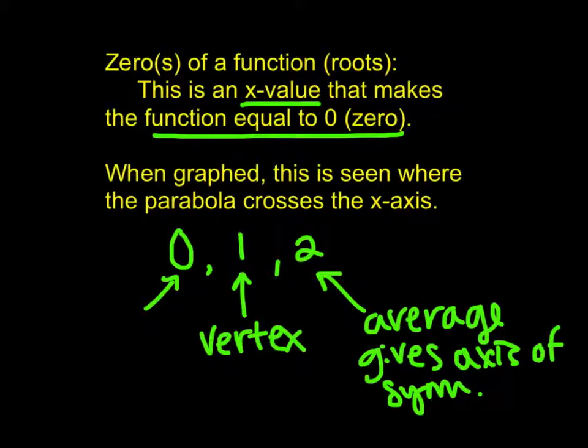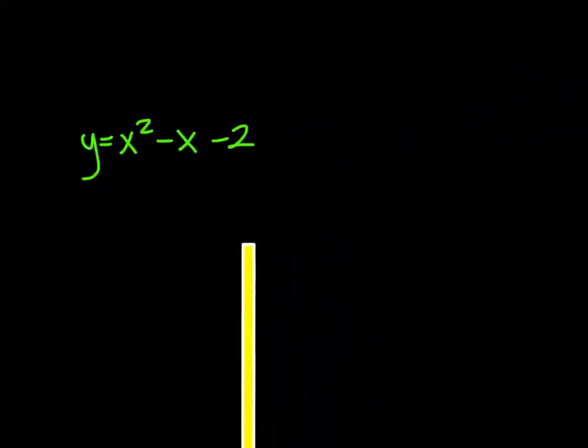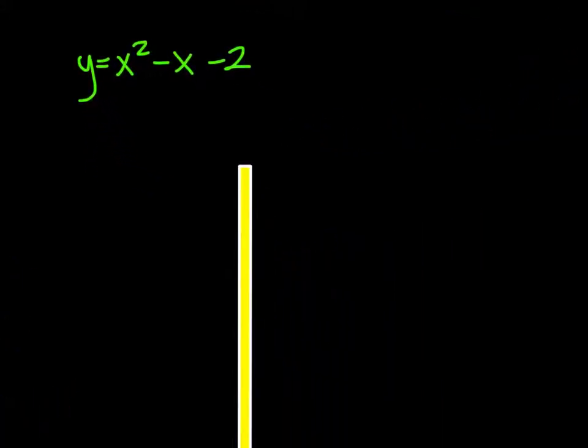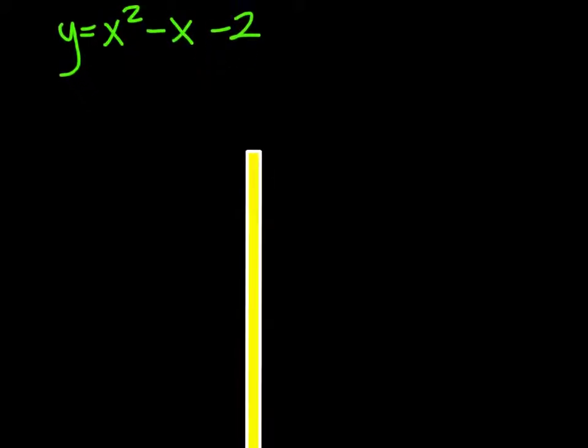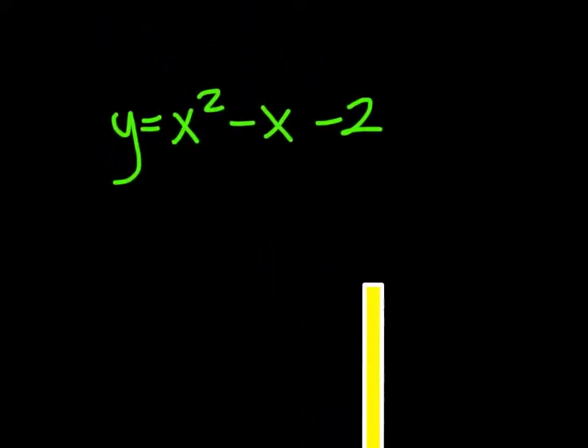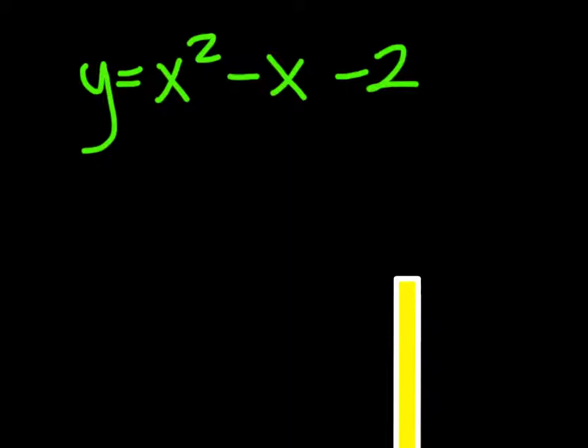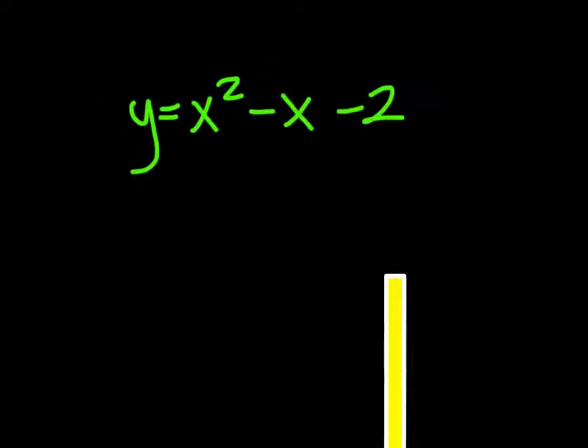So what we're going to do now is we're going to actually go over here and play around with an equation. We have y is equal to x squared minus x minus 2. And what we will do with this is create a table of values. We've done this already. We're going to create a table of values and graph this.